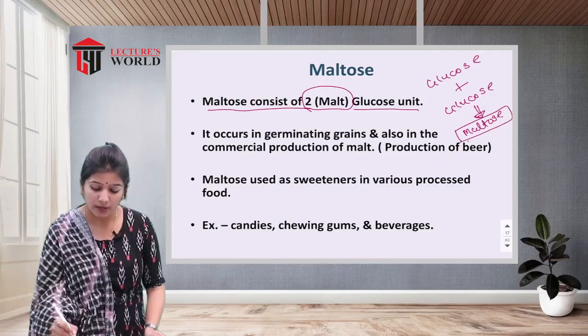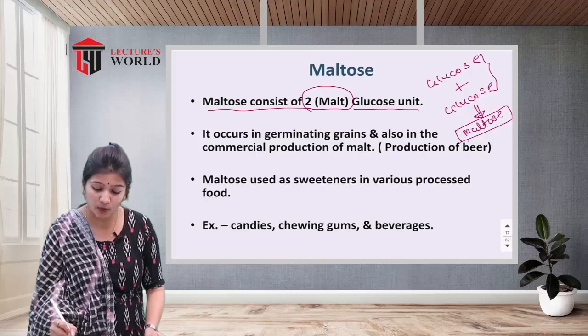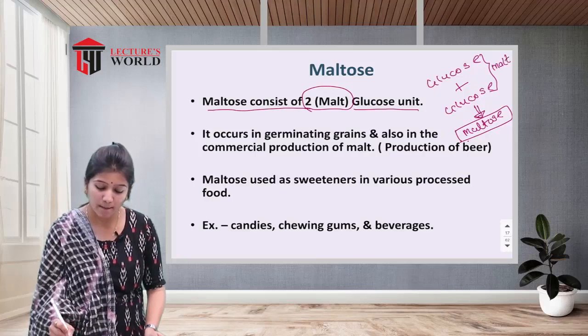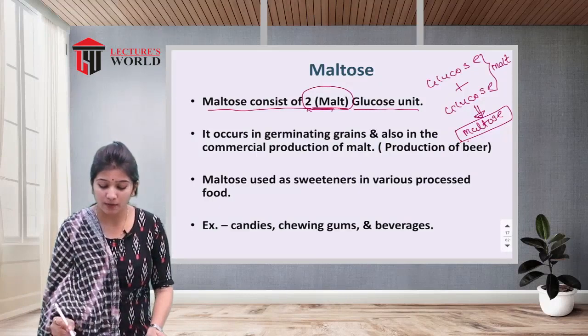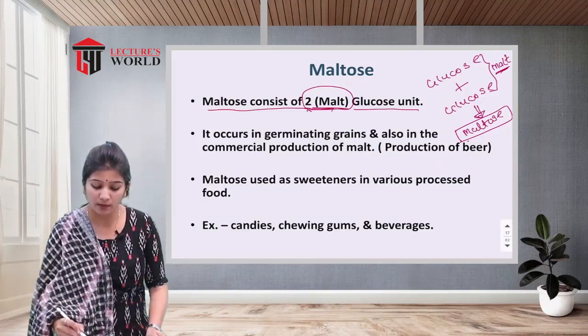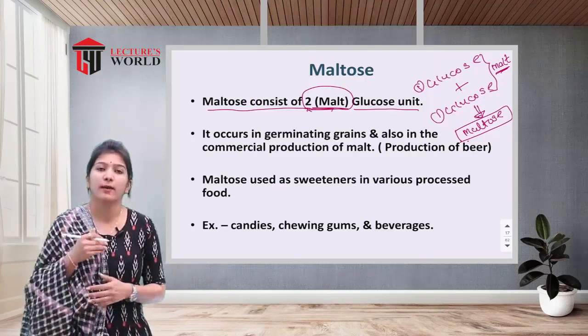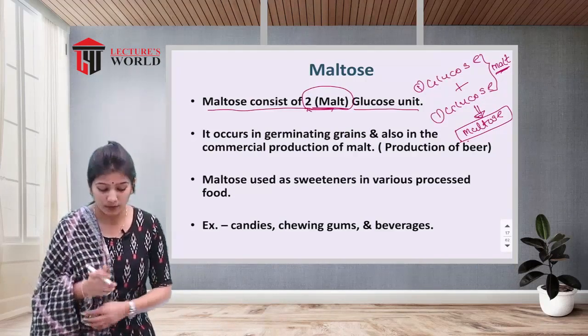The two units of glucose are known as malt. So maltose consists of two malts. Two malts is what? One glucose unit and a second glucose unit. So these come together and they are making the maltose.